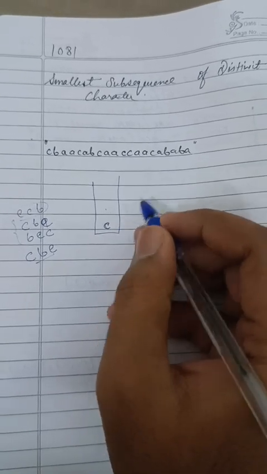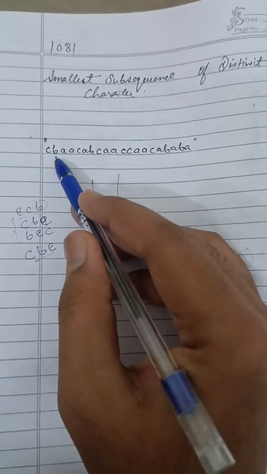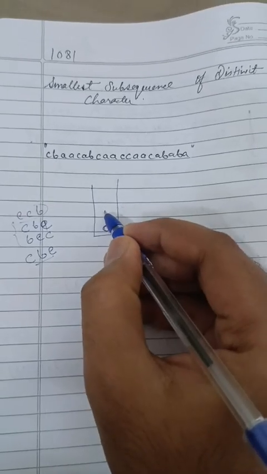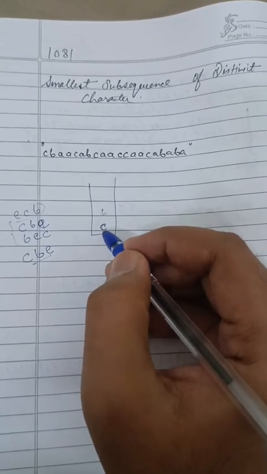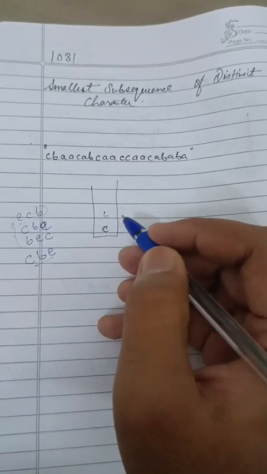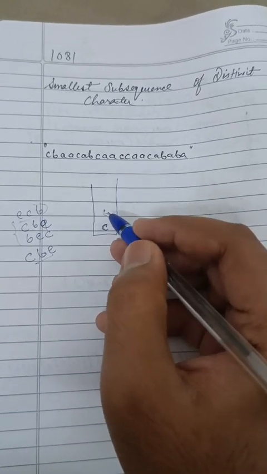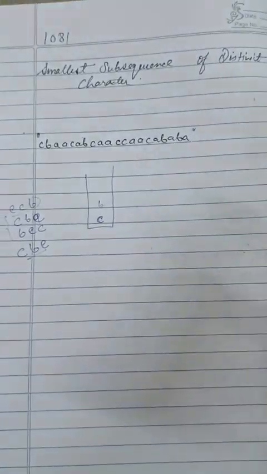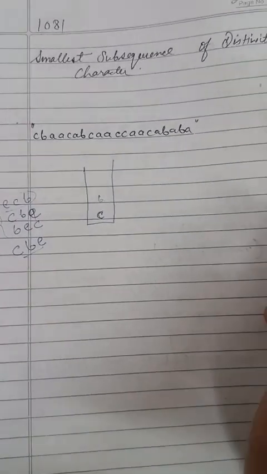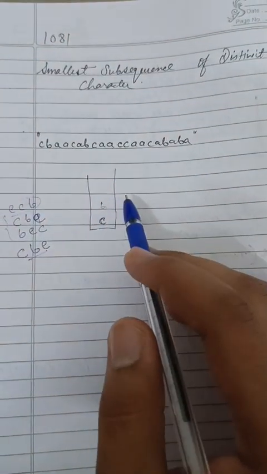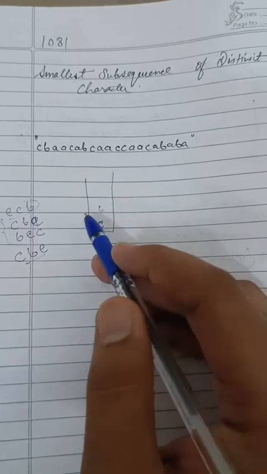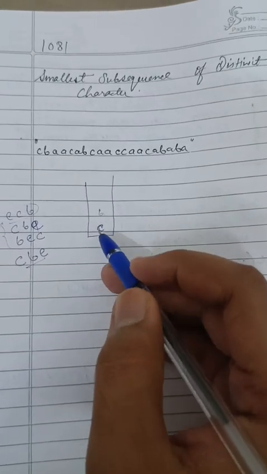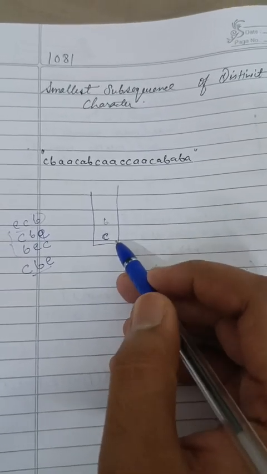Now the next element is B, but B is smaller than C. And I have to insert elements in increasing order, right? So what I can do here is skip B if and only if B is already present in the stack, right?